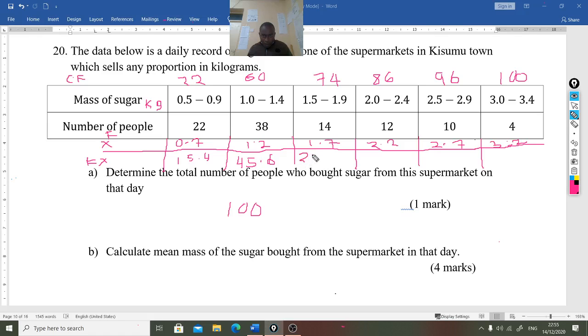So 2.2 times 12, you get 26.4. 2.7 times 10 gives you 27. And finally, 4 times 3.2, you get 12.8.